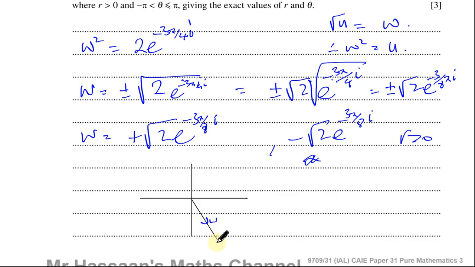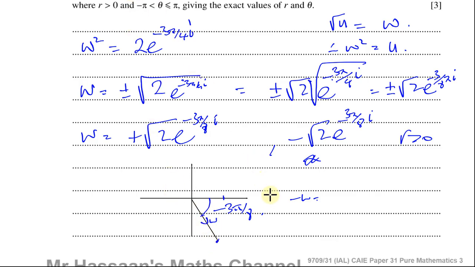That's w, and basically this angle here is minus 3 pi over 8. Okay, so that's the argument there, and root 2 is the length. Now, negative w is like the opposite, going in the opposite direction.